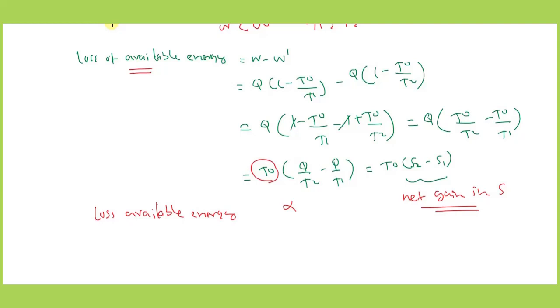So as the entropy S increases, the loss of available energy also increases. So entropy of the system is a measure of the unavailability of energy from it.